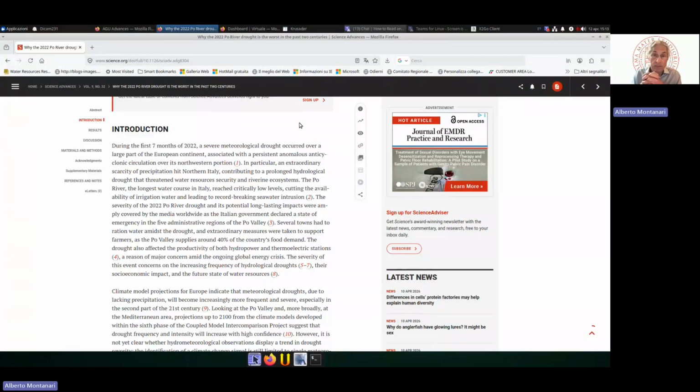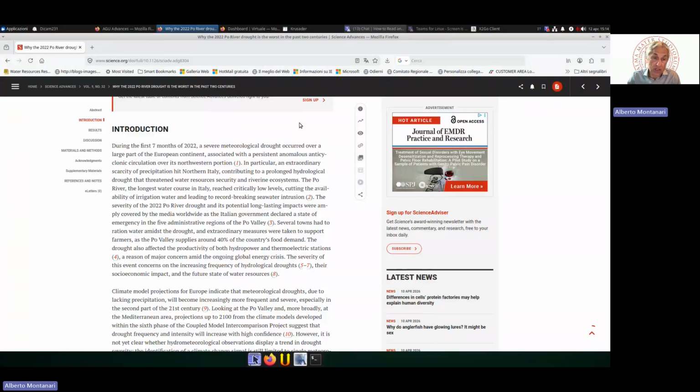So, the first sentence of the introduction usually provides additional details on the background and motivation for the paper. Here we read that the motivation of the paper is the severe meteorological drought that occurred during the first 7 months of the year 2022 over the large part of the European continent and therefore also on the area of the Po River Basin.